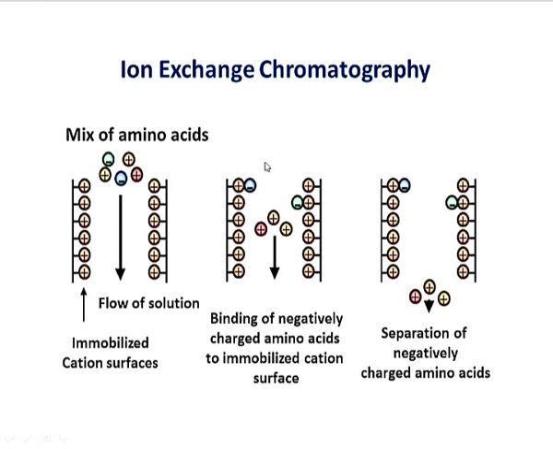Hence, negatively charged particles of that solute mixture would get attracted to and interact with the cations of this ion exchange stationary phase, and the like charges would be repelled and would be eluted first. So this makes for the ion exchange chromatographic method.